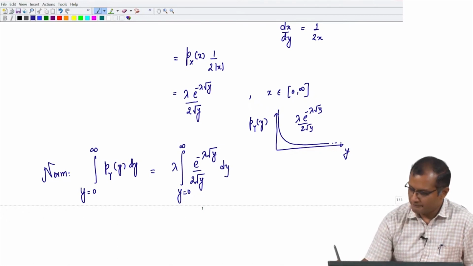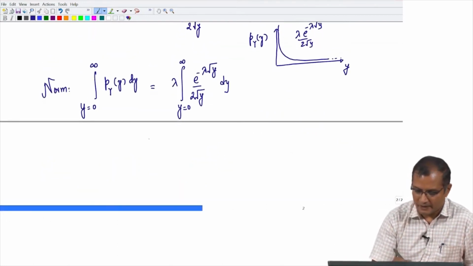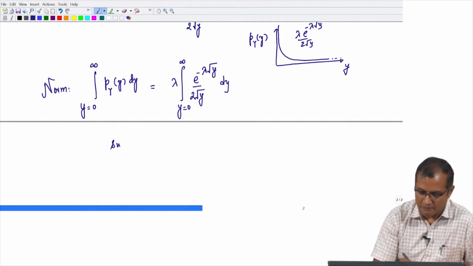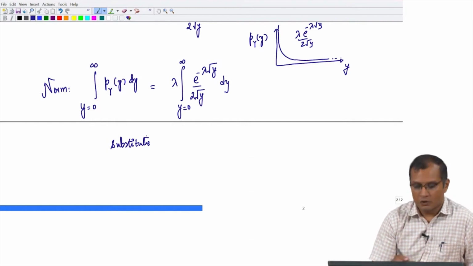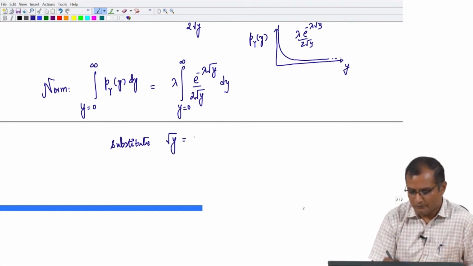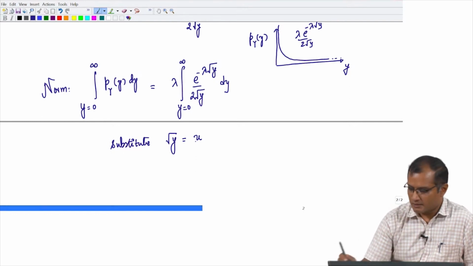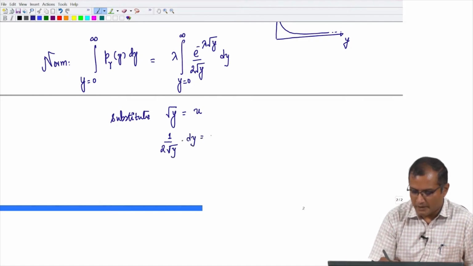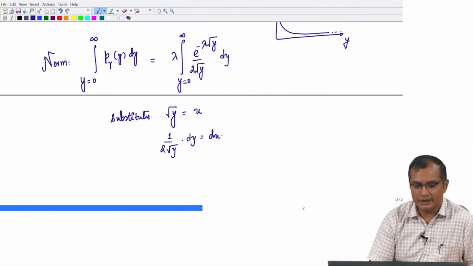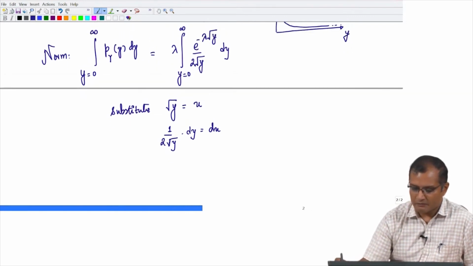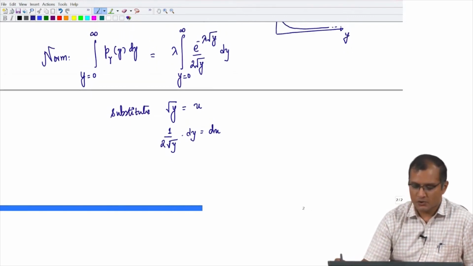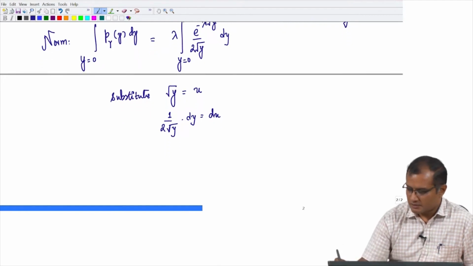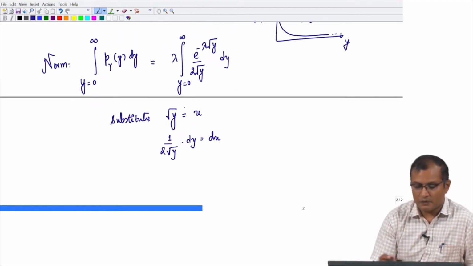And if I substitute square root of y as u, then I can just write down this 1 upon 2 square root of y dy as du. And the limits will transform from 0 to infinity to 0 to infinity, because that is the relationship square root y equals u.